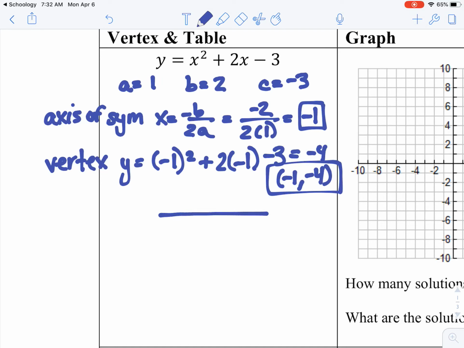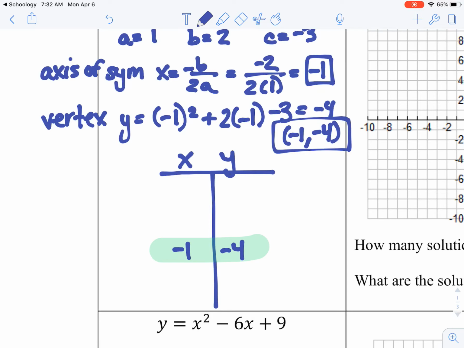We're then going to make an XY chart. And our vertex is going to go in the middle of our chart. I'm going to go 2 numbers smaller, and 2 numbers greater.